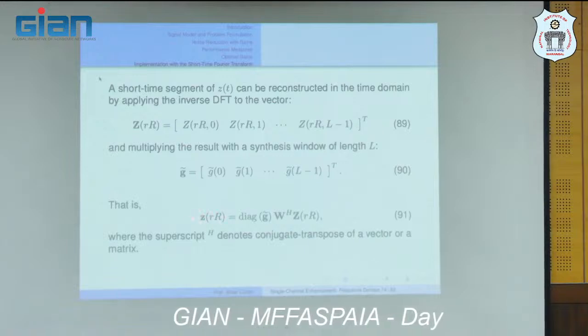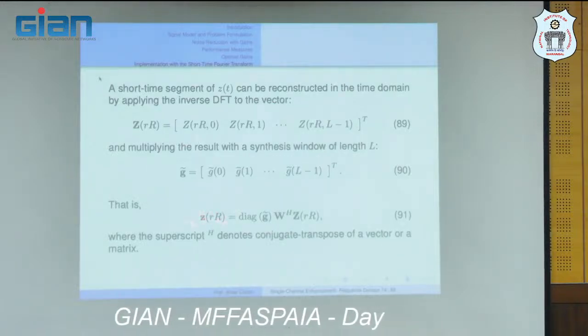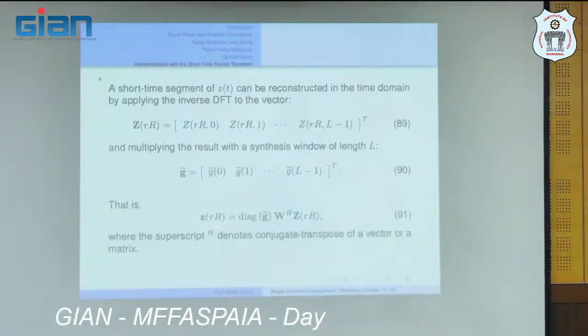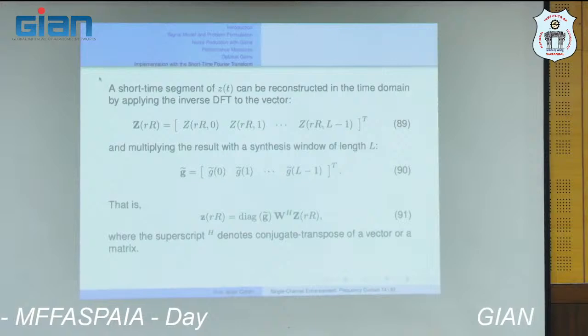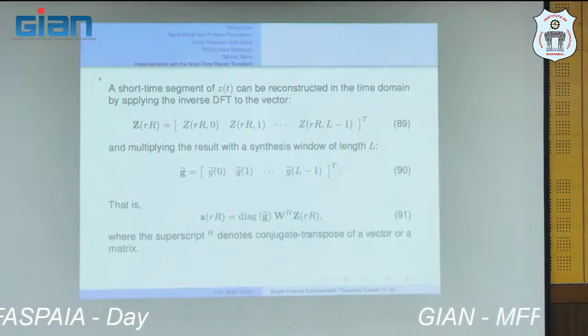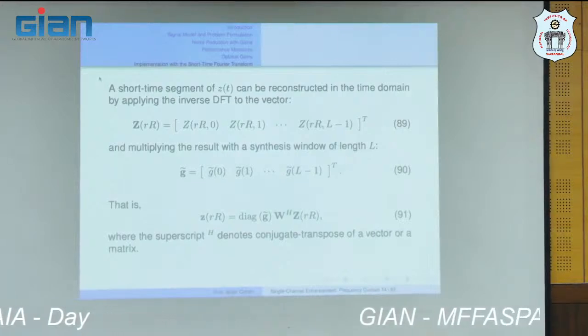This is small z, a vector of time samples of the vector Z. We get a vector here, and a vector here, and a vector here. And then we do overlap and add.